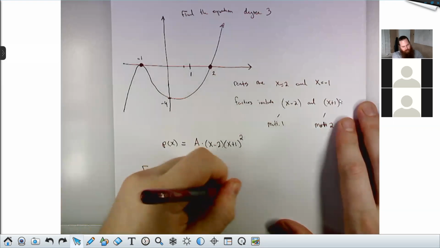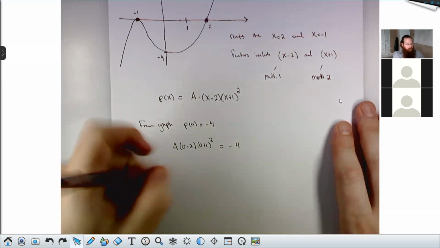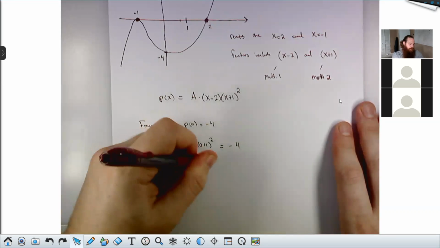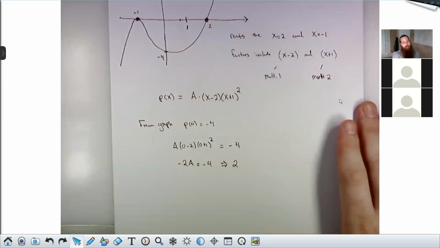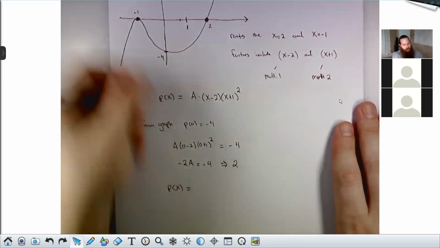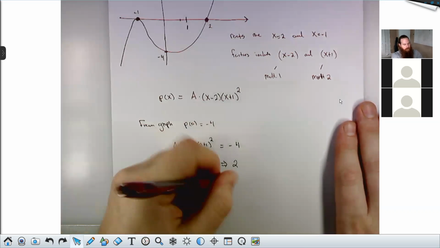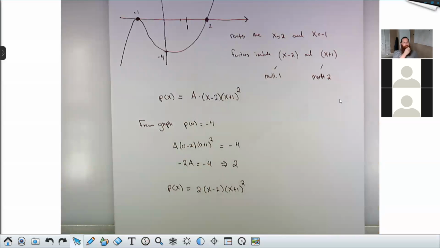So that has to be equal to -4. This is the same as -2a equals -4, so a has to be 2. So the polynomial of degree 3 having this graph has to be 2 times x minus 2 times x plus 1 quantity squared.